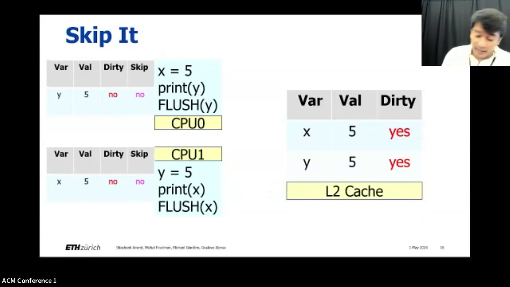So effectively the skip bit is the negation of the higher level cache's dirty bit. And now, based on this information, we know whether we need to skip the flush or not. And this skip bit is easily maintained in response to cache coherency events. For a more detailed proof, I would recommend looking at the paper.